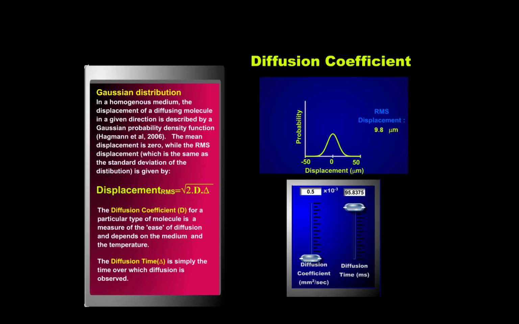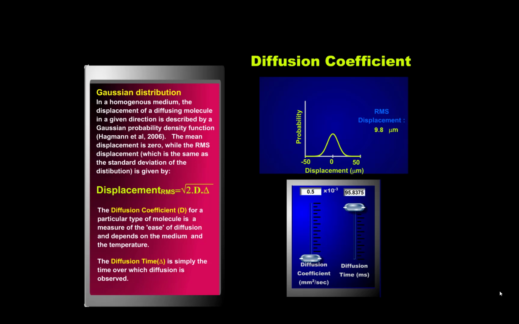So in other words, more molecules are going to have gone further. You can see the mean displacement is always zero, and the root mean square displacement, mathematically that works out to be the same as the standard deviation of the displacement. Okay, so hopefully that makes sense. The longer you look, or the longer the diffusion time, the more diffusion you will see.